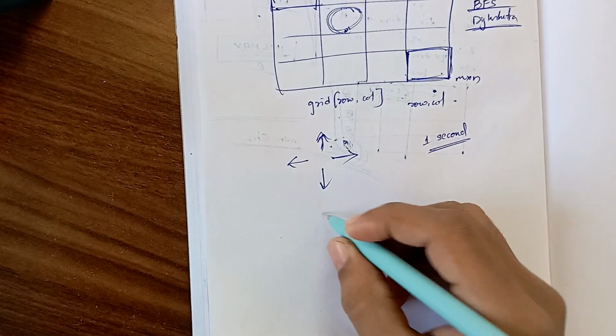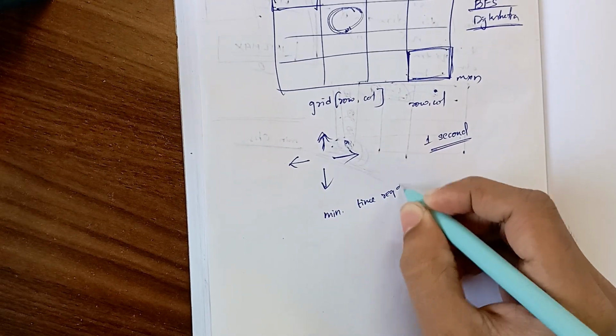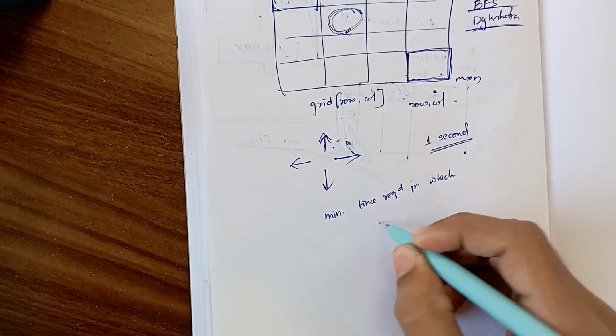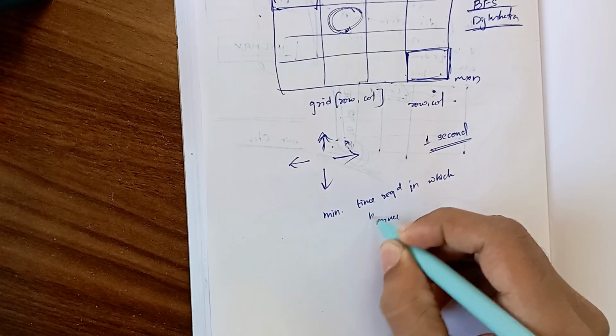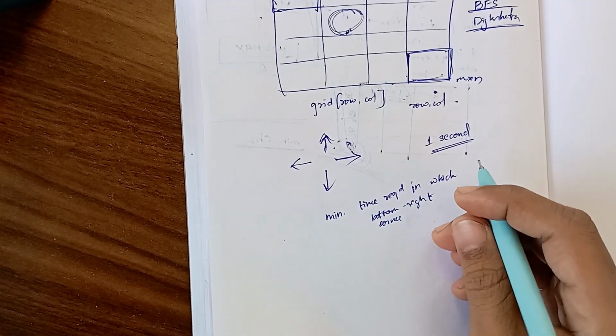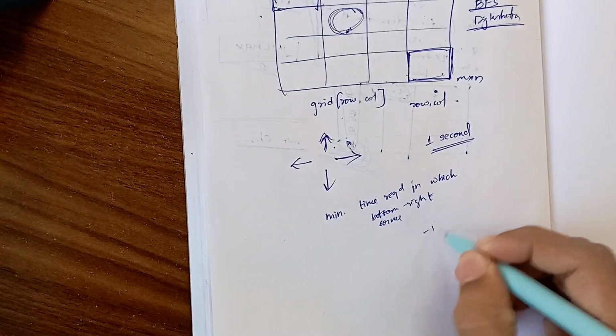Now we need to return the minimum time required in which we can visit the bottom right corner. If we cannot visit the bottom right corner, then we need to return -1.